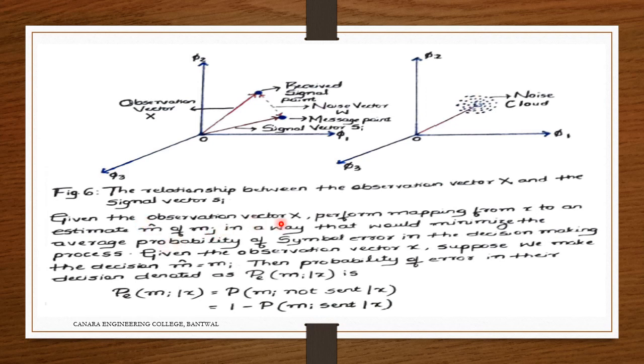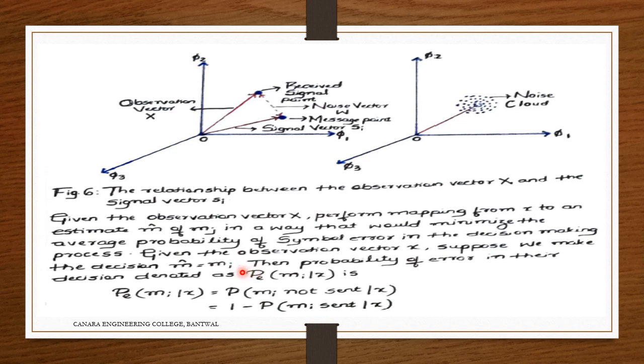Given the observation vector capital X, perform a mapping from small x to an estimate m cap of mj in a way that would minimize the average probability of symbol error in the decision making process. Given the observation vector x, suppose we make the decision m cap is equal to mi.